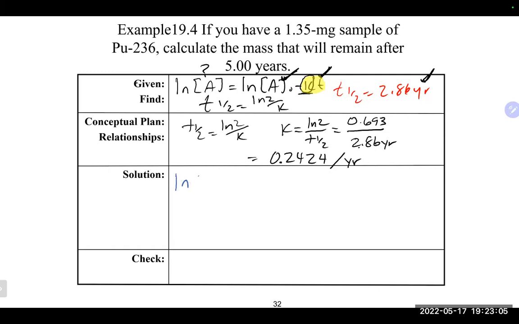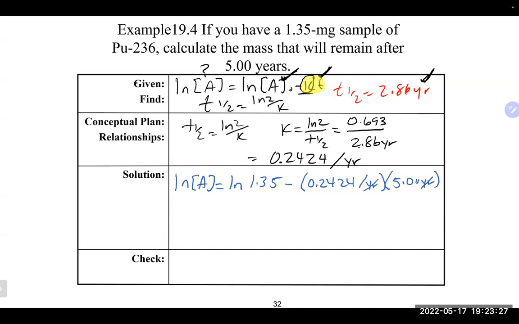The natural log of A would equal the natural log of our initial 1.35 minus the decay constant we just solved for, reciprocal years, times the time, which is 5 years. In this case, the years cancel, so we're all good in terms of units on that side.